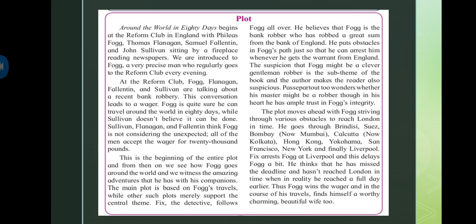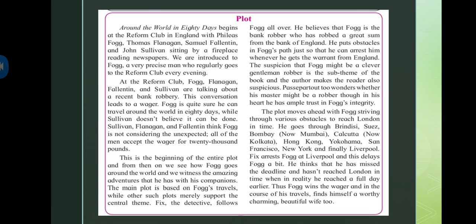Around the World in 80 Days begins at the Reform Club in England with Phileas Fogg, Thomas Flanagan, Samuel Farlington, and John Sullivan sitting by a fireplace reading newspapers. So basically, this novel starts while some of the members of the Reform Club are sitting in England, where Phileas Fogg, the major character, was also there, and they were sitting around the fire and reading the newspaper.